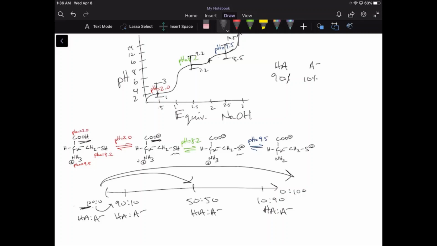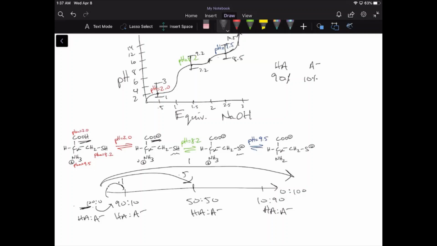So if I add 0.1 of an equivalent, right? Remember, half an equivalent, which is the same thing as 0.5, will get us here. 1 will get us here. So to get us here, we need 0.1 of an equivalent, because if we added 0.1 of an equivalent, I would deprotonate 10% of my weak acid to form 90% weak acid and 10% conjugate base.